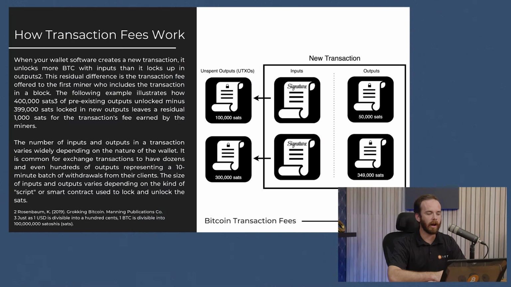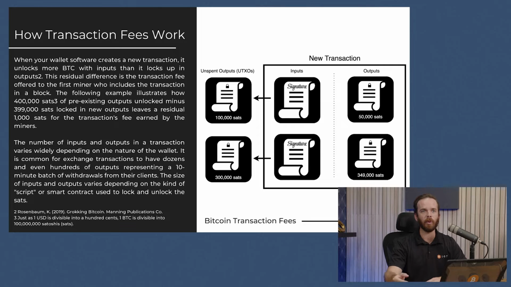Okay, so first we have to look at where transaction fees come from. And this part is kind of counterintuitive. When we look at a Bitcoin transaction, it has two halves to it, right? You have what is being spent, and where it is being spent. You can think of it from an accounting perspective, the debits and credits, and those have to balance out.